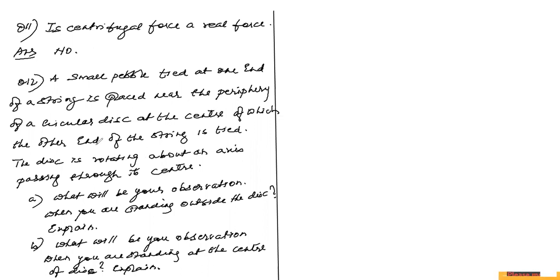Got it? The disc is rotating about an axis passing through its center. The A part of the question is, what will be your observation when you are standing outside the disc? Explain.